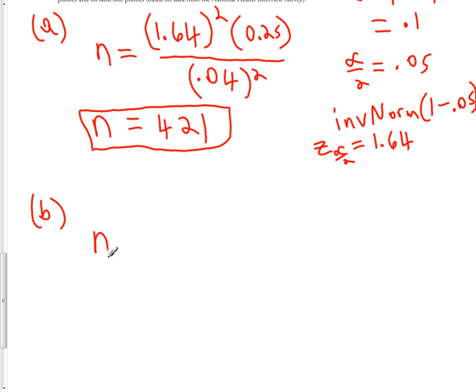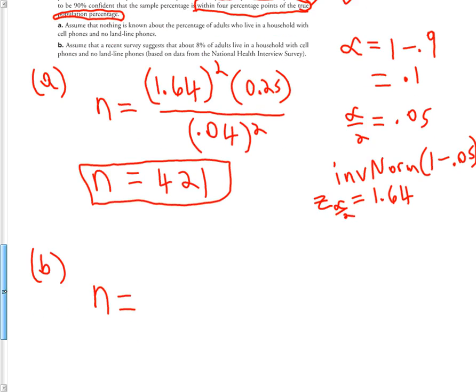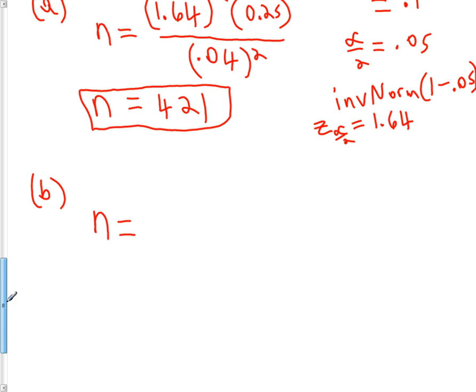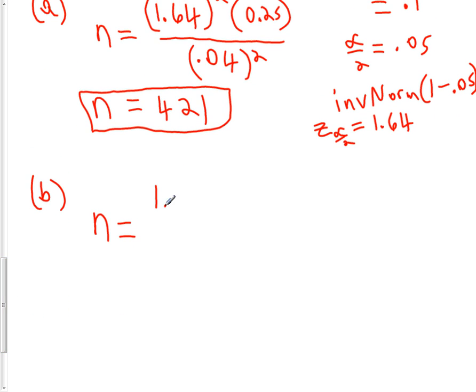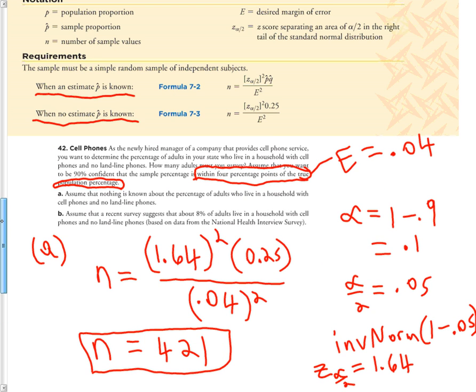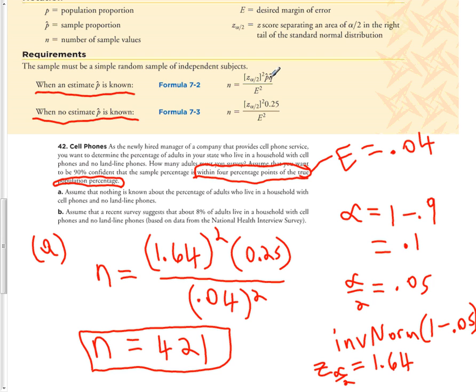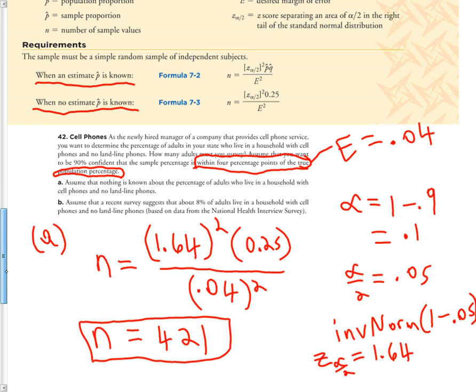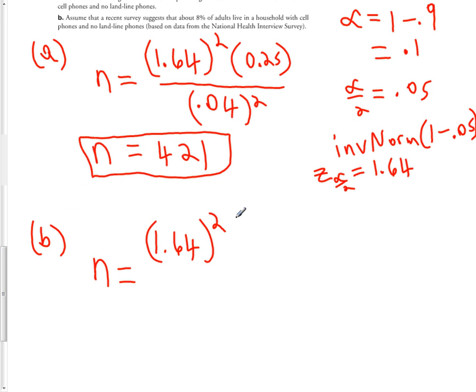So now n, in this case, is going to equal, well, the z of alpha over 2 isn't going to change because it's still 90% confidence. We're still looking at the question with 90% confidence. So this is still going to be 1.64 squared. Now the only difference is instead of 0.25, I'm going to have the product of p hat and q hat over here. Well, p hat we just heard from the problem was 8%, so that's 0.08.